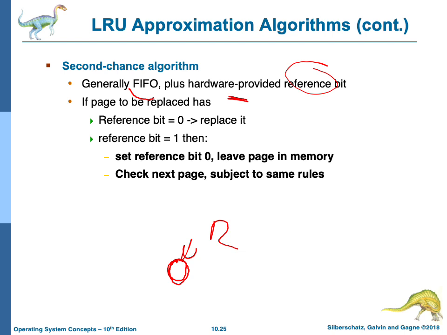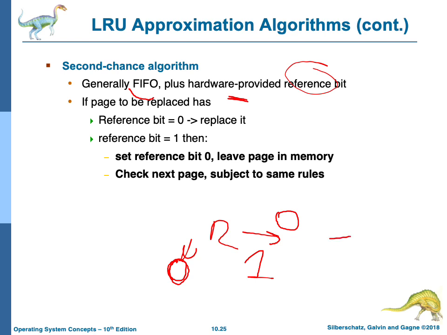But if we don't find any, then in the first pass we set the reference bit of the frames that have it equal to 1, which means they were referenced, to 0, but we're not going to replace them immediately. We're going to give it a second chance.